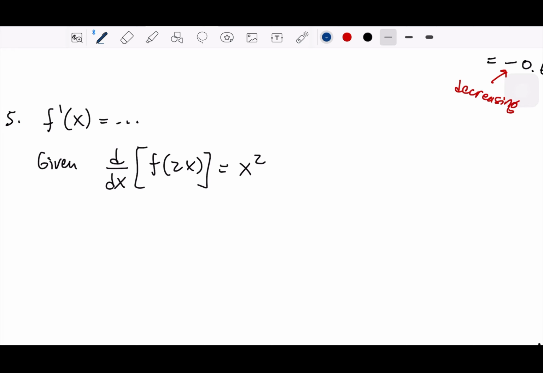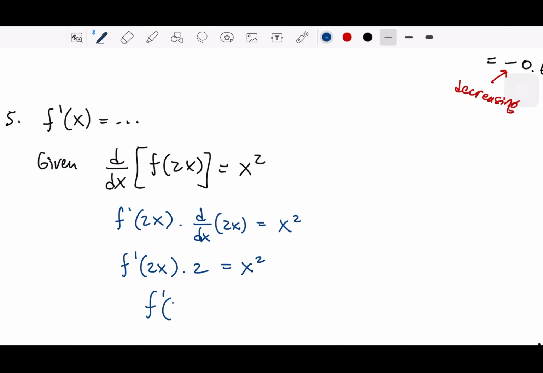Right? Let me write one by one. So we could write that f prime of 2x is equal to half x squared.